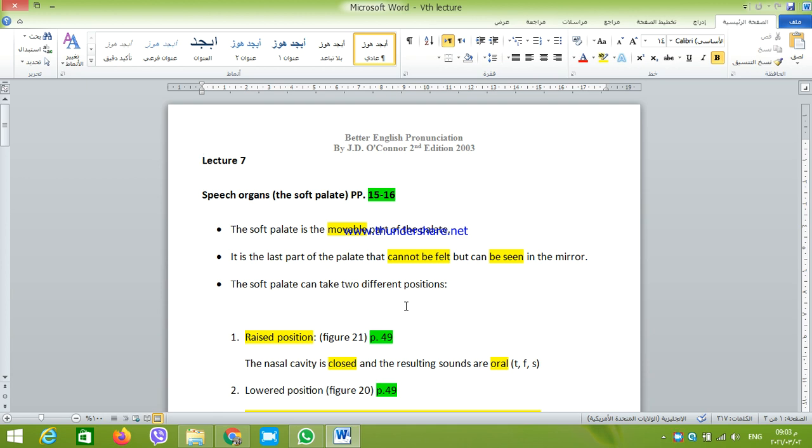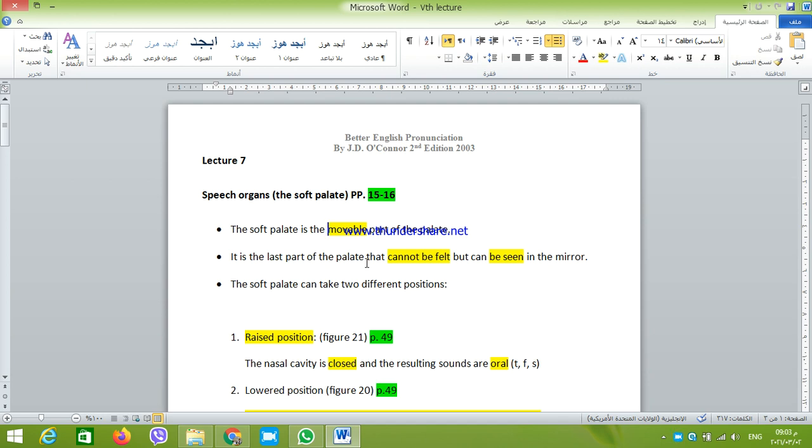The soft palate is the movable part of the palate. It's movable, it's active, it can move. While the hard palate, the alveolar ridge and the hard palate, are fixed passive organs of speech. They do not move. We can feel the alveolar ridge and the hard palate with the tip of our tongues, but we cannot do that with regard to the soft palate.